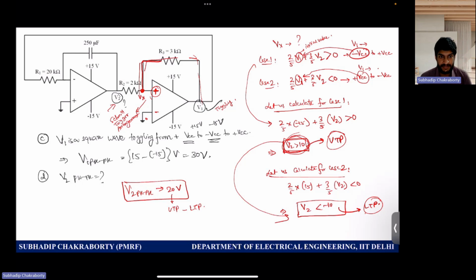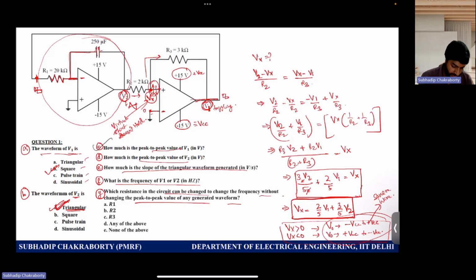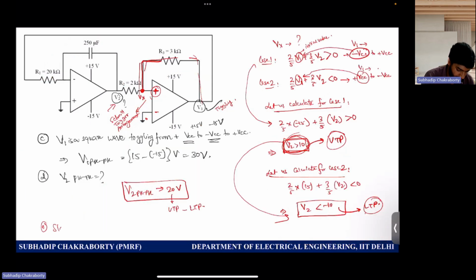I think this is easy, right? So let us see what is the next problem. How much is the slope of the triangular wave? So slope is being asked. The slope of the triangular wave, meaning this waveform Vx or V2.